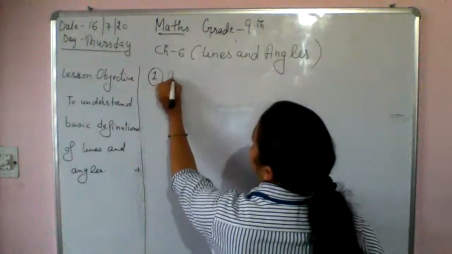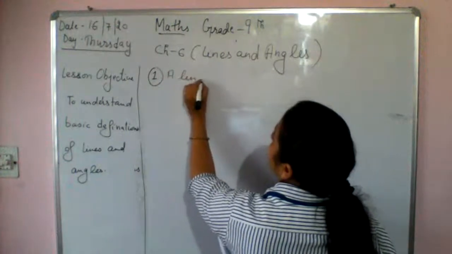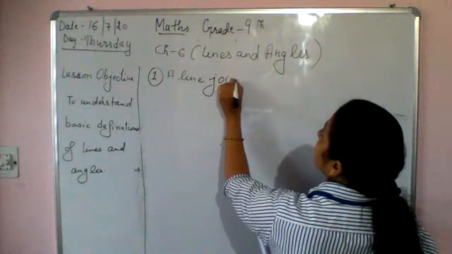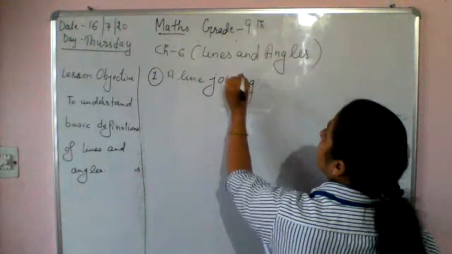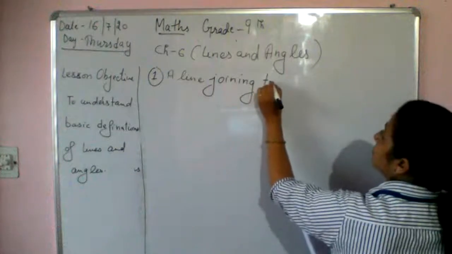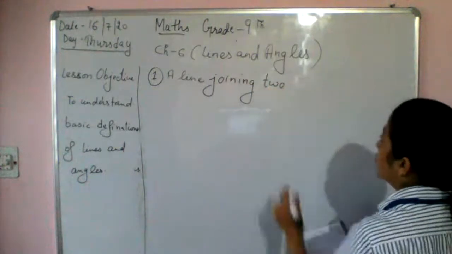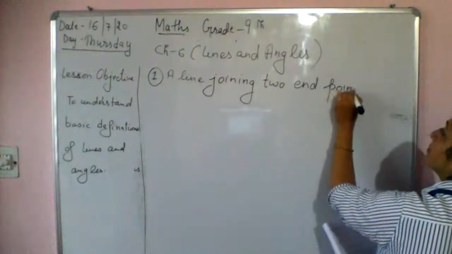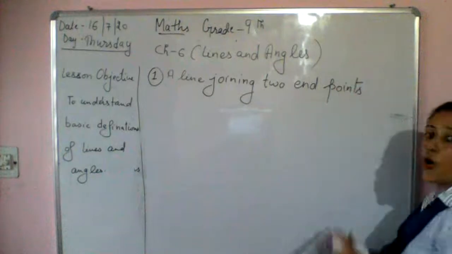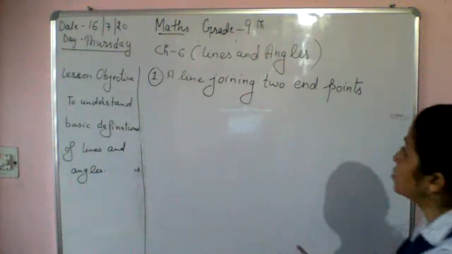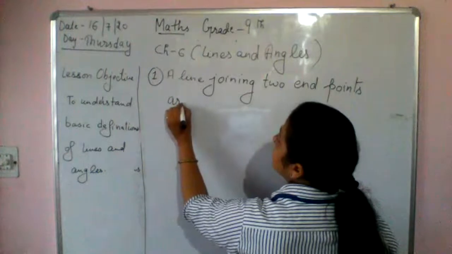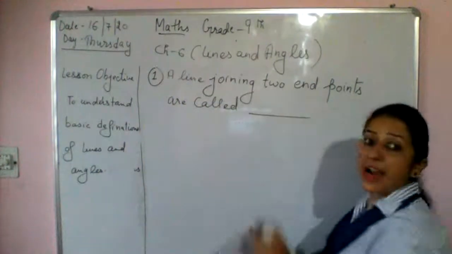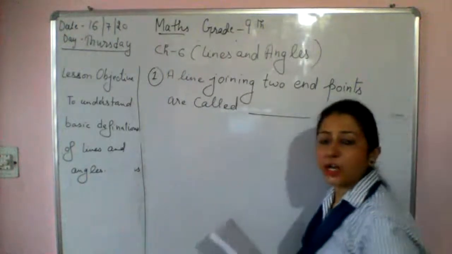Your first question is: a line joining two endpoints, and we have discussed all these questions in the class only, is called. First write the question in your notebook and after that you will send the answer.